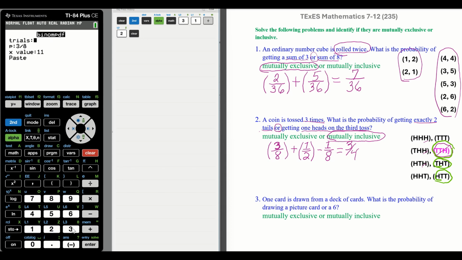We know we have 3 trials, enter, then 1 divided by 2, enter. How many possibilities are we looking at? Well, for the first time, we need exactly 2 out of our 3 to be the same. So let's enter 2, enter, enter again.